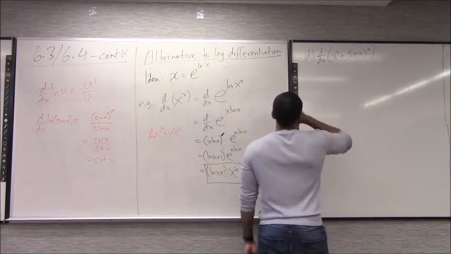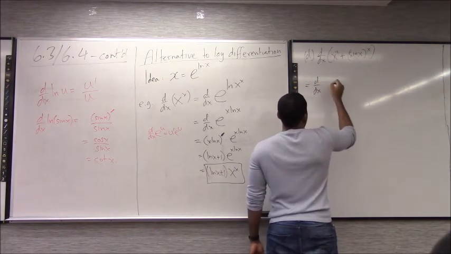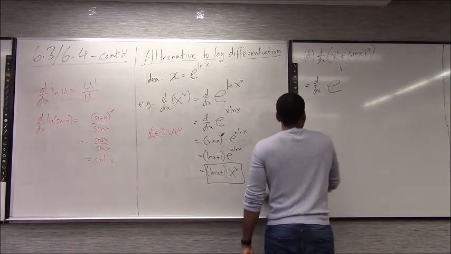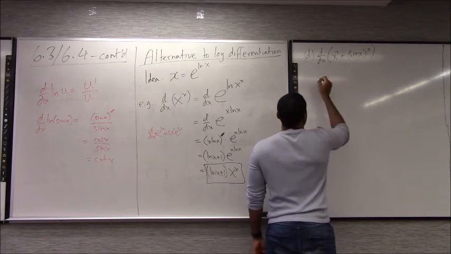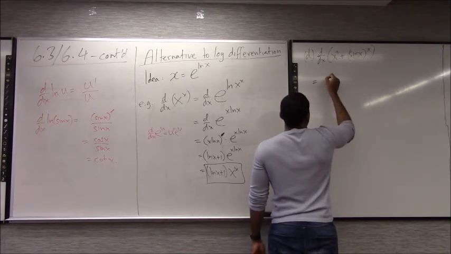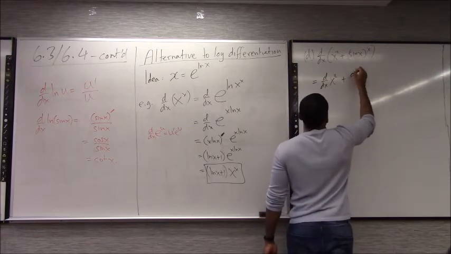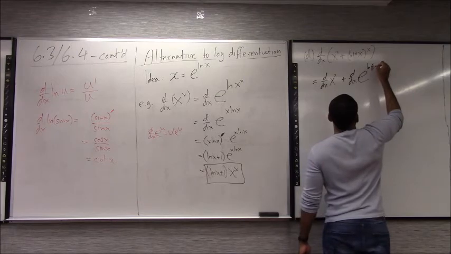We could just say, okay, that's equal to the derivative of x squared plus the derivative of e to the ln of sine x dx.